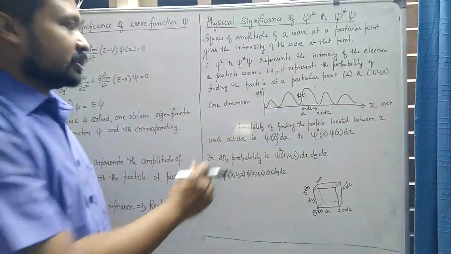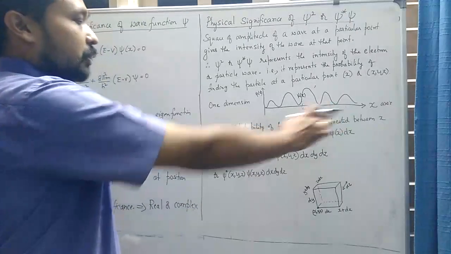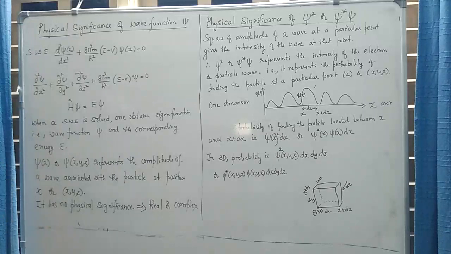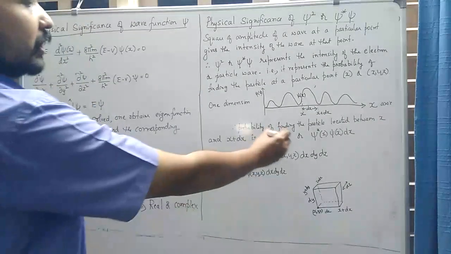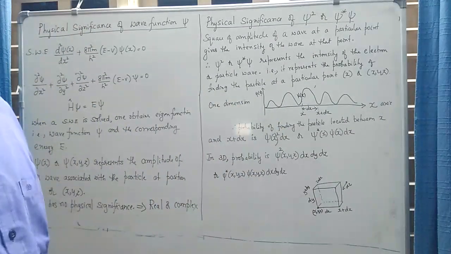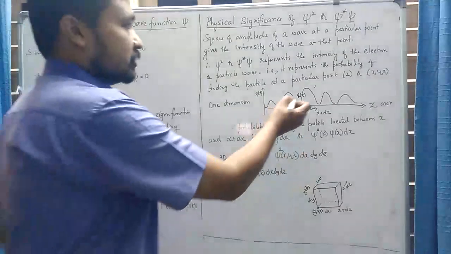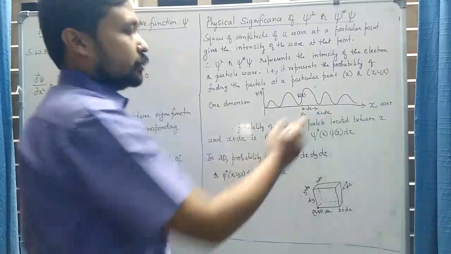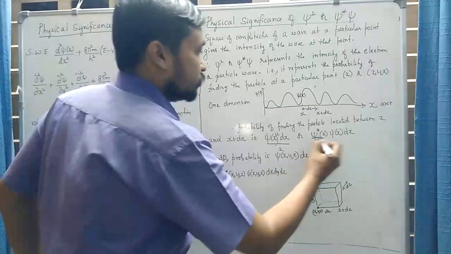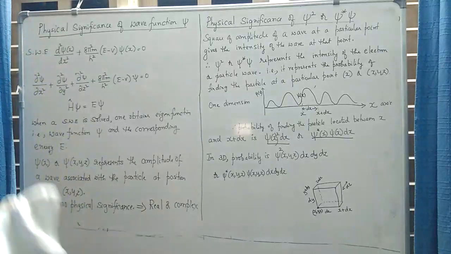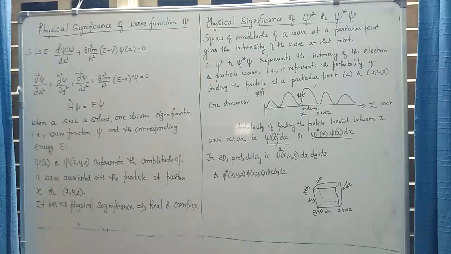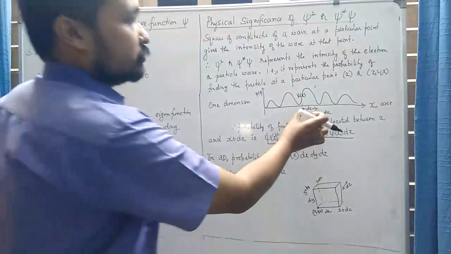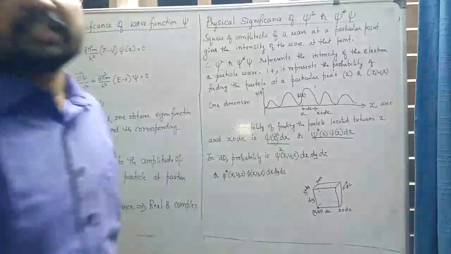The answer is that the probability of finding the particle between x and x plus dx is calculated as psi of x square into dx, or simply psi square into dx, if psi is a real function. If psi is a complex function, we use psi star of x into psi of x into dx. This expression is used to calculate the probability of finding the particle in the region x to x plus dx, a very small region of length dx.